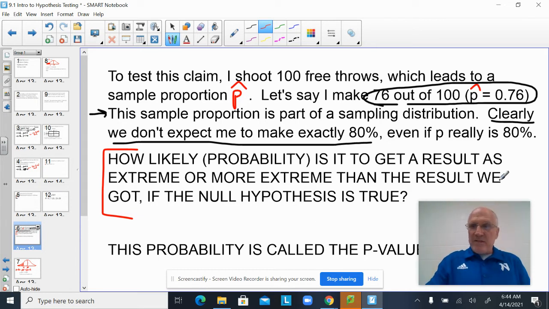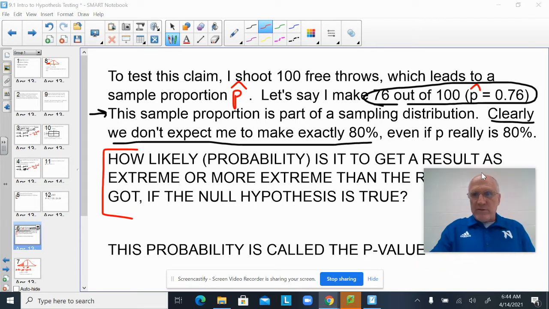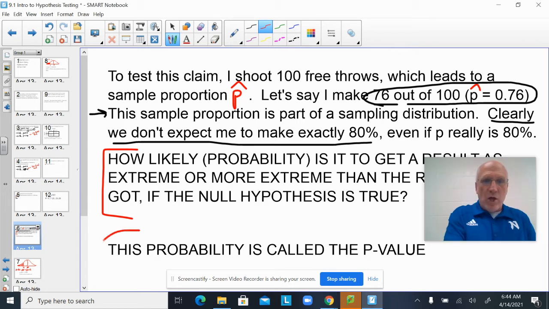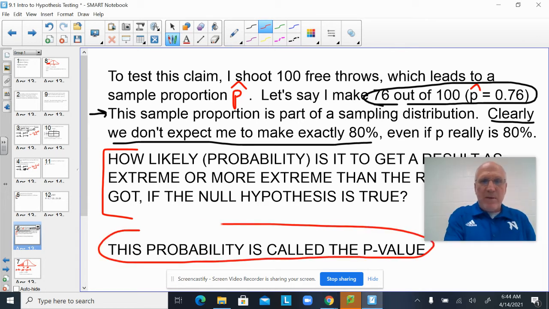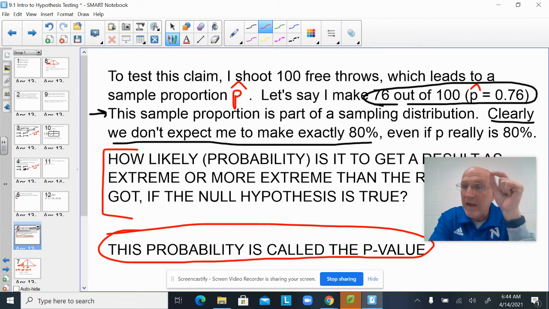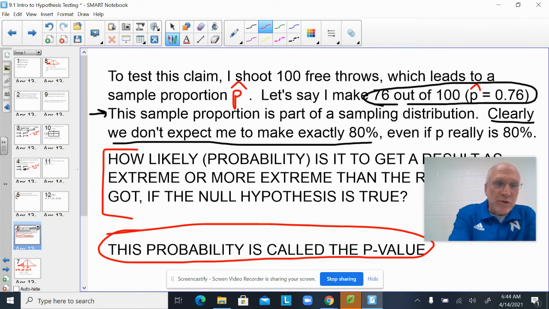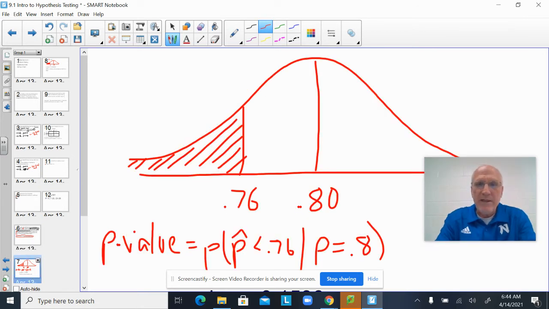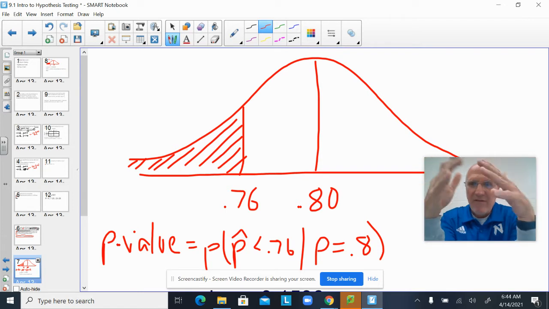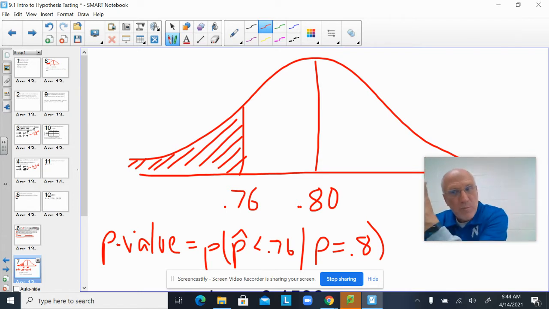And this probability is called the p-value. When you're calculating the p-value, that is, how likely is it to get a result as extreme or more extreme than the one that we got? So let me show this to you visually. Here is a picture. Remember, if the right conditions are met, and we'll get to the conditions in the next section, it would be an approximately normal distribution, and 80% is the middle.